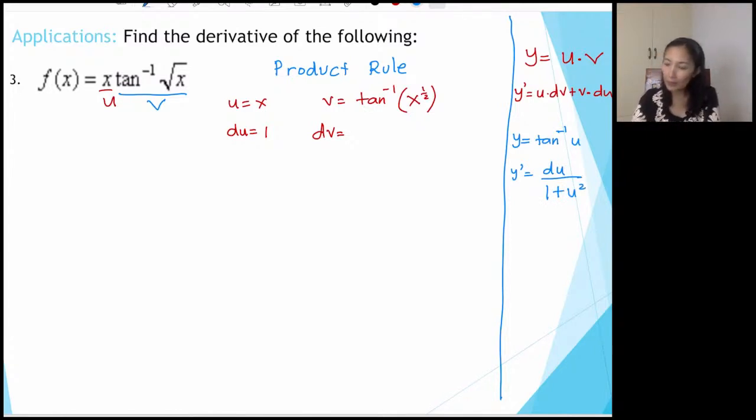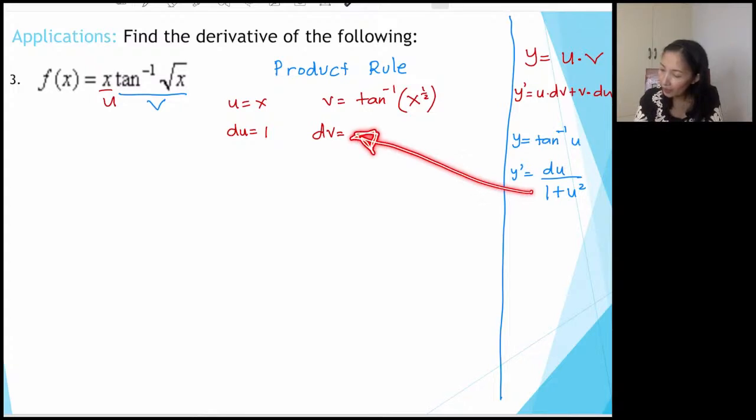Okay? In here, our u is x raised to 1/2. So, let's apply this then here to find dv.